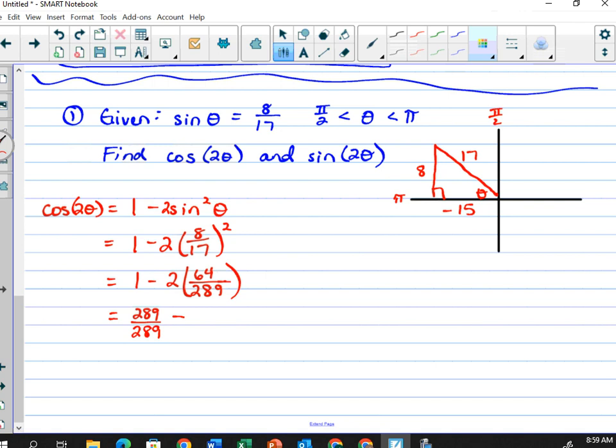Yeah, the 64 I took times 2, but not the denominator. Yeah, you'd be thinking that. Okay, 289 minus 128. What do we get?